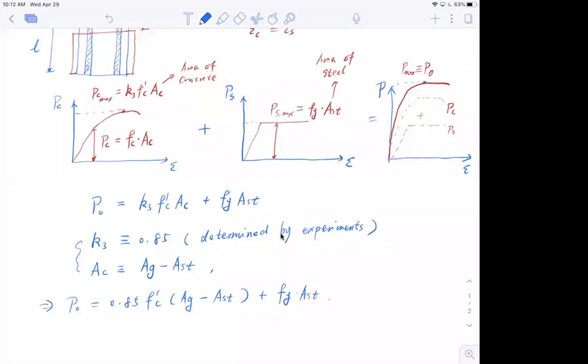Here, AG equals the gross area of the section, and AST is defined as the area of steel.